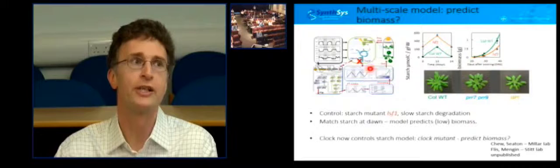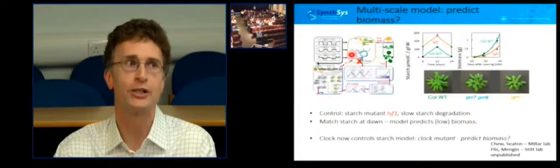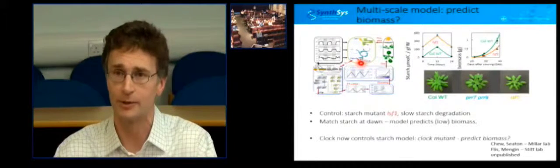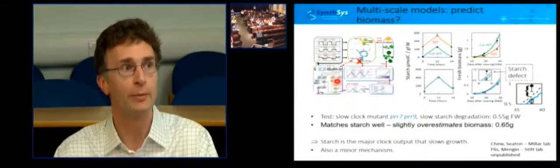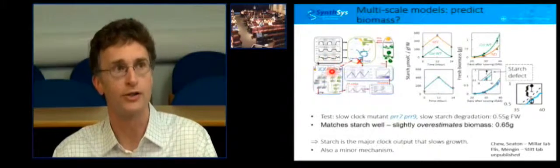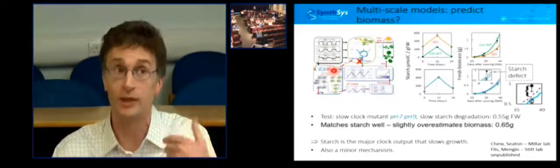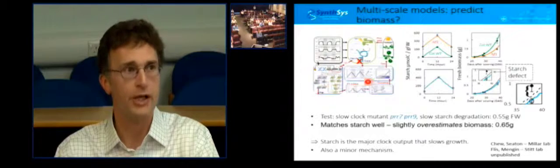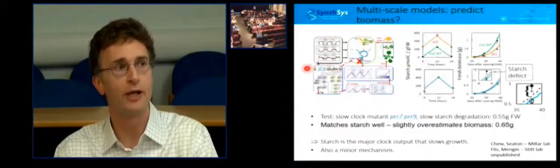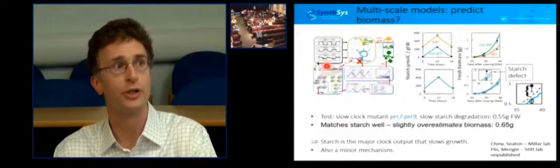So the question is now, if instead of mutating starch degradation directly in the model, we rather control starch indirectly by mutating the clock sequence, does the model now represent biomass accurately? So within the framework model, we've now replicated that slow clock mutant only in the clock component.